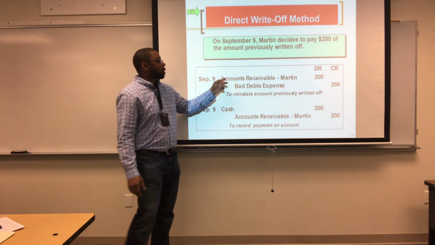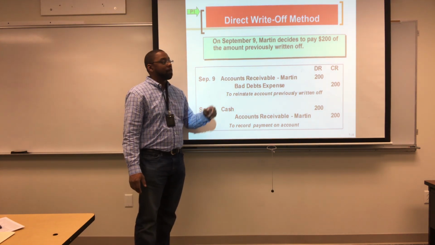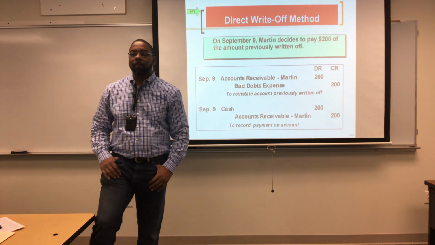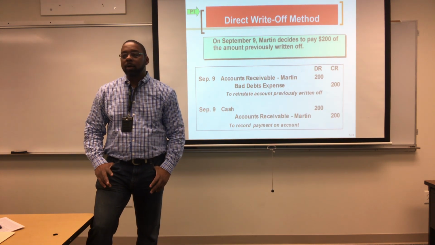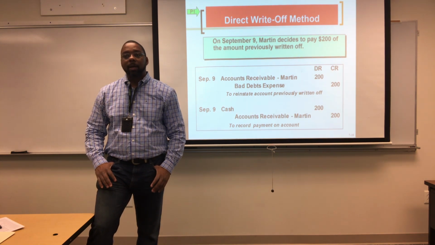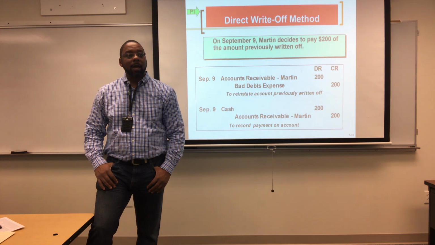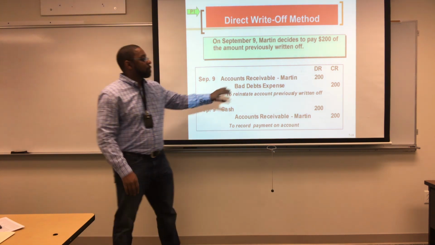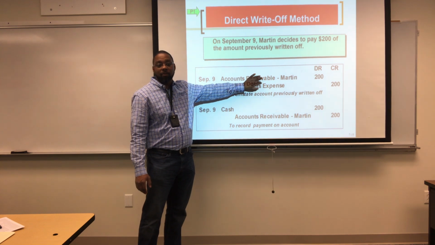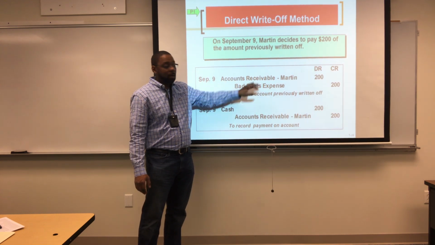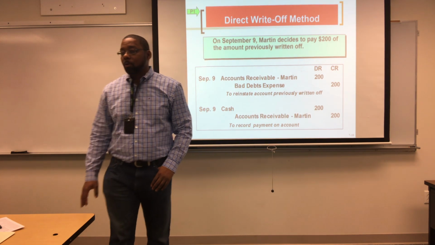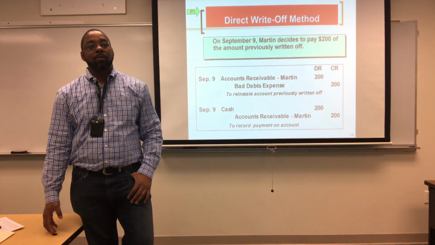Now we're going to flip it and we're going to debit accounts receivable, credit bad debt expense. The reason we do that is to show people who come back later, the auditors and everything, that this person came back to pay off this debt. So we'll reconstitute the account first, then we'll debit cash, credit accounts receivable for their payment. That's if they come back and pay.